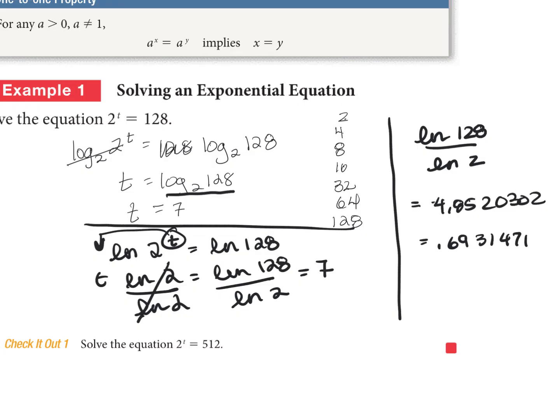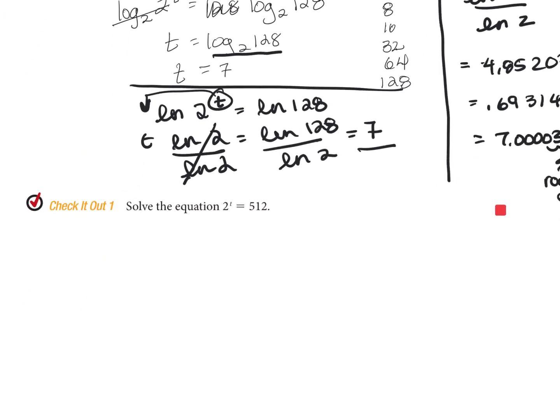If you do that and type in even 5 decimal places here, you get this number, which represents your rounding error. So again, it's better to type it in one line, where you get exactly 7. It eliminates your rounding error.